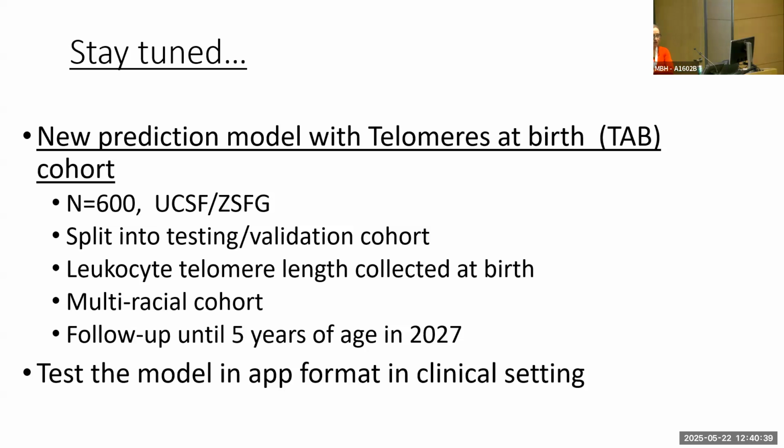And ideally, a lot of the work that we've done has been kind of abstract, just in terms of, like, is this model predictive or not, but I'm really eager to work in the clinical setting, to actually see how this might function in terms of being able to tell mothers and fathers in the first year of life, for example, your child has a 90% risk of obesity at age 5, and how parents would feel about that, how clinicians would feel about that, how that might work practically in the clinical setting.